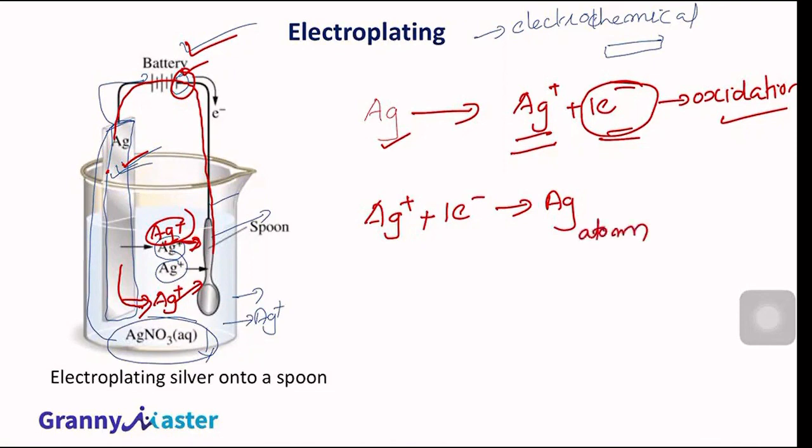Once it becomes a silver atom, can it stay in the solution? No, it should be deposited. Deposited on what? Deposited on the spoon. What happened now? Silver atoms deposited on the spoon. We call that coating of silver. So coating of silver happened.